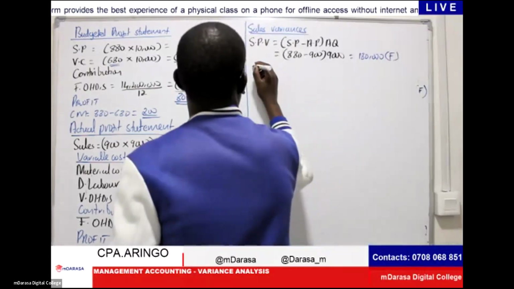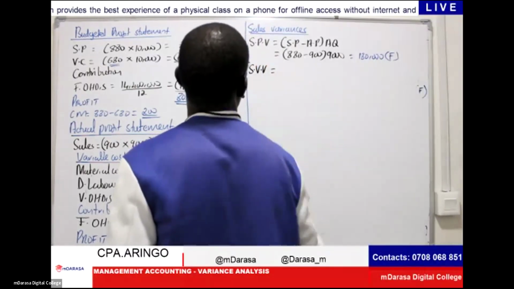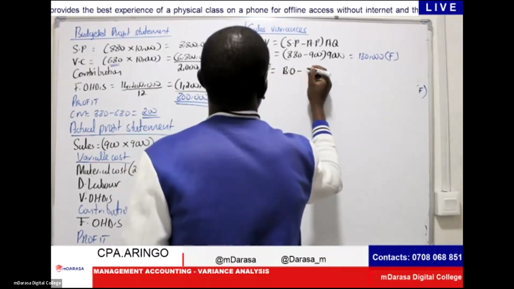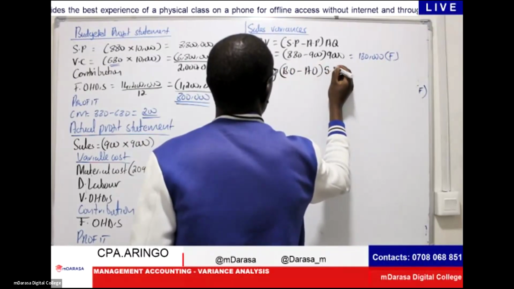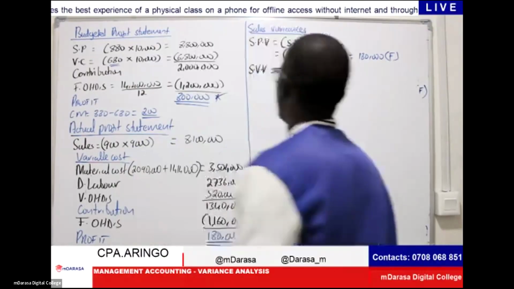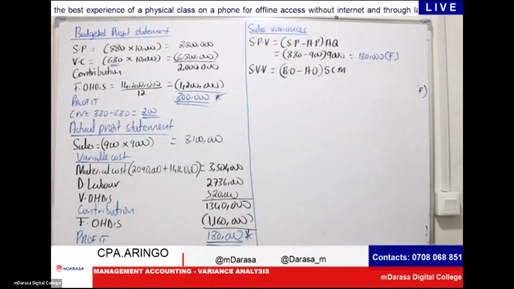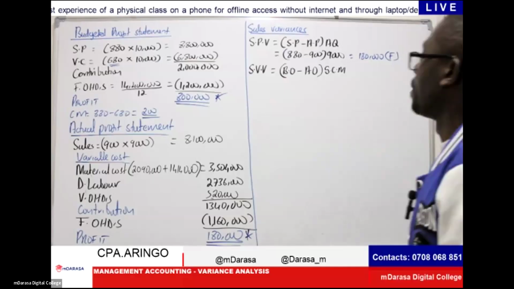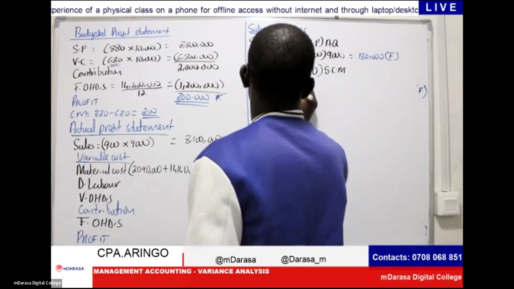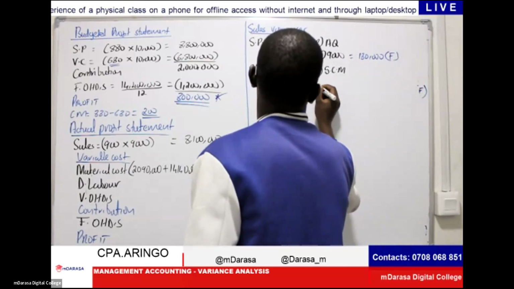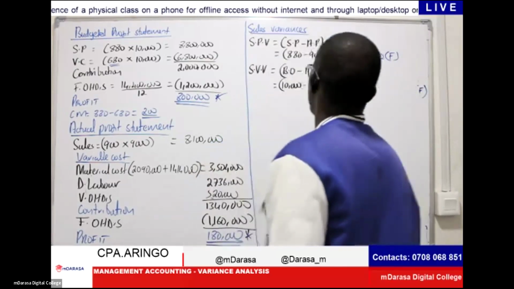Consider our sales volume variance: budgeted output minus actual output, valued at our standard contribution margin, because we are told they were using the marginal concept, meaning that we are not absorbing our fixed overheads into production. We had budgeted to produce and sell 10,000. We ended up producing and selling 9,000.